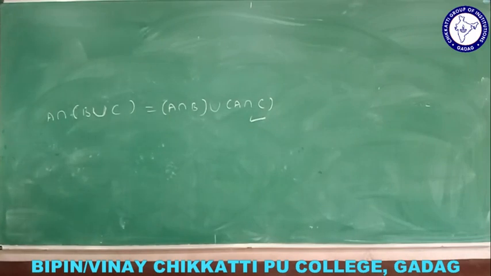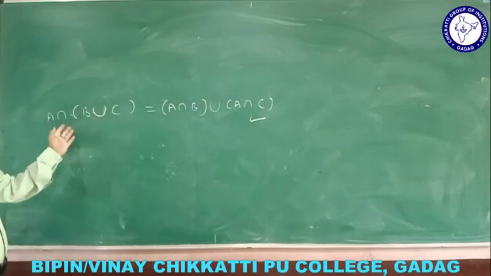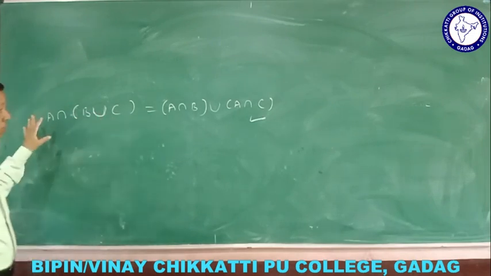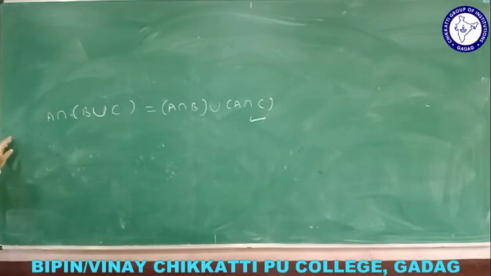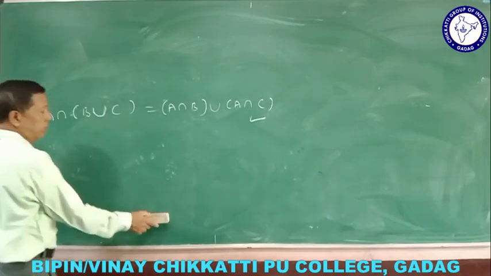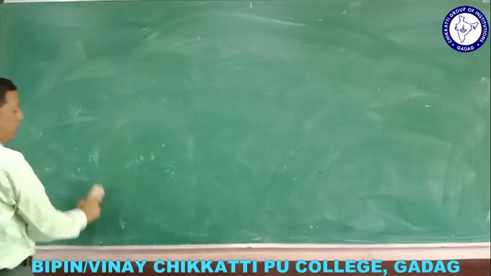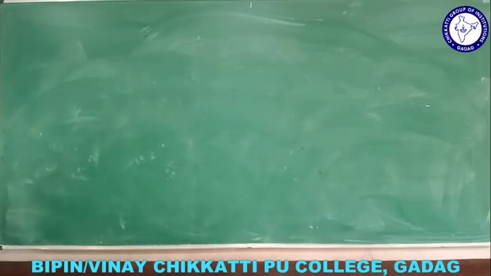And likewise, you can see it under union and intersection: A union, bracket B intersection C, equals A union B intersection A union C. These can also be represented by Venn diagrams. You can see that in the textbook and thereby understand how the distributive law is considered.